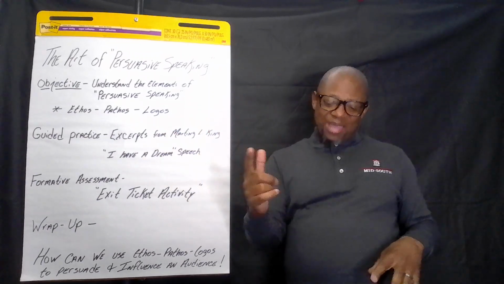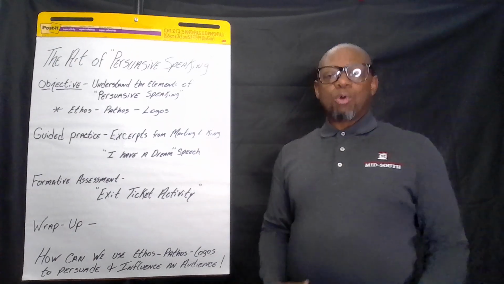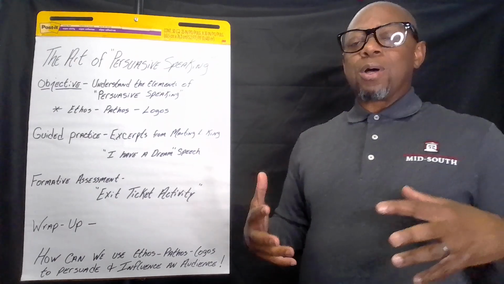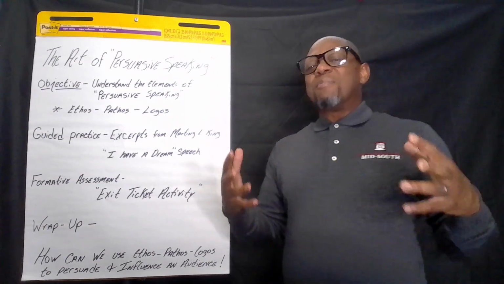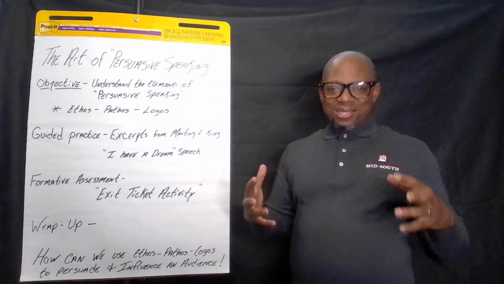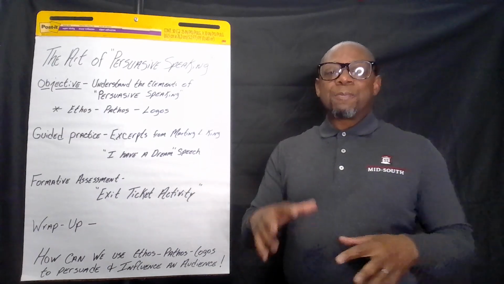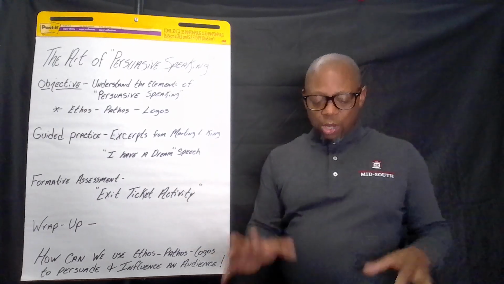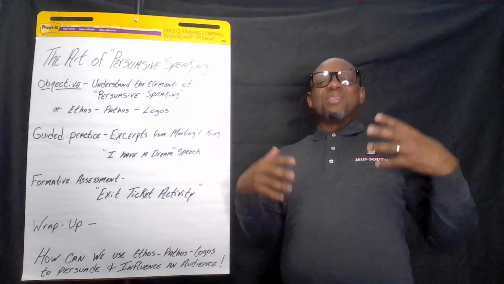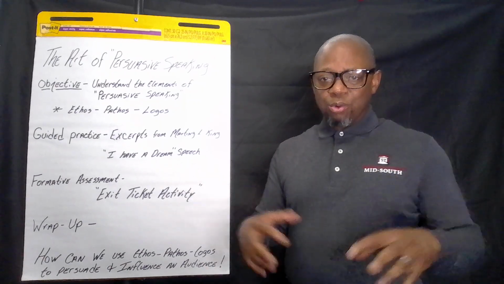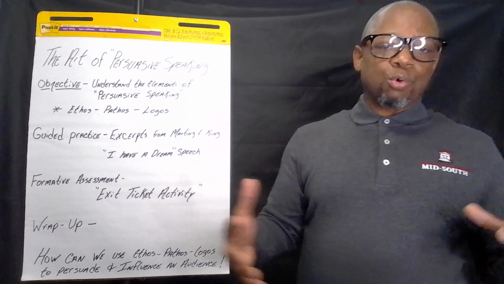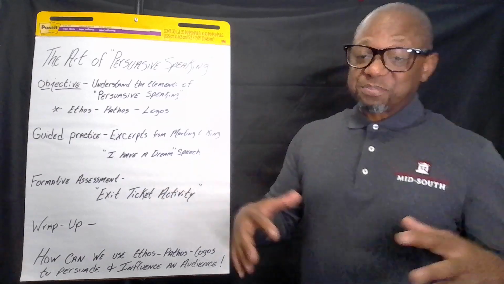We talked about pathos and emotional appeal, and we'll find out how much more that plays in Martin's speech. And we also talked about logos, the logical appeal, and how we can use logical situations.